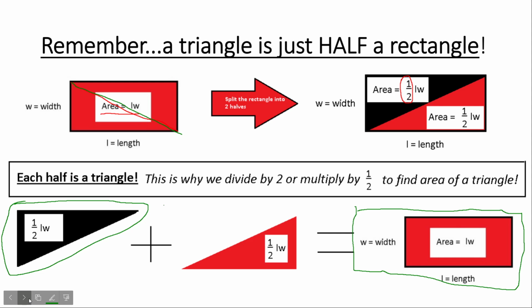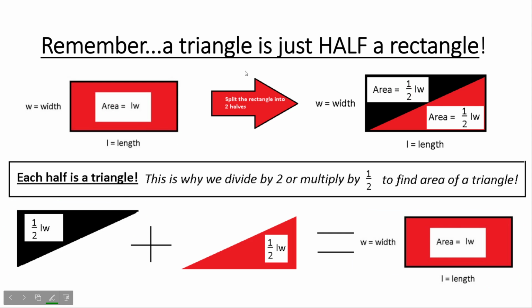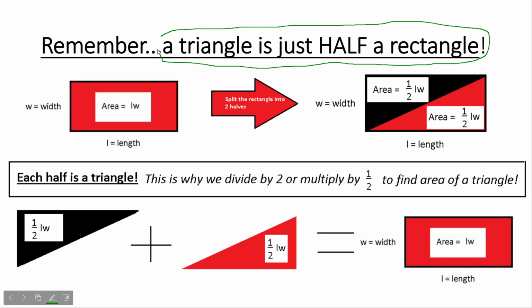So let me clear this. A triangle is really just half a rectangle. And I want you to really understand this here. Because if you understand that, that tells you why this 1/2 is here.